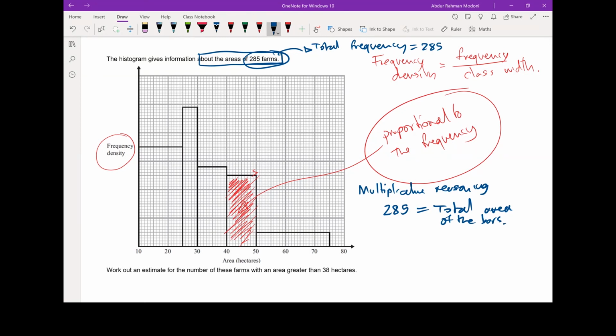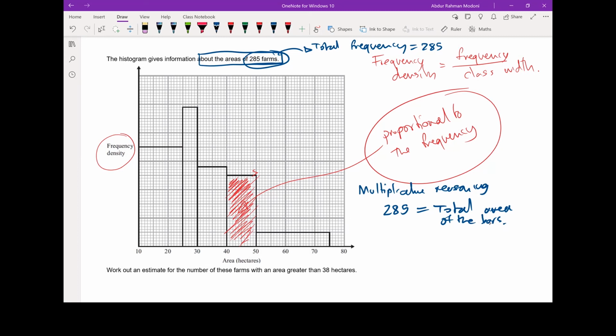I know we don't have any scale on the frequency density, but we can work it out in terms of how many little squares we have. Obviously, we're not going to count every single square, but we can multiply the squares along the vertical axis by those along the horizontal axis to find the area. I'm going to look at each bar individually.